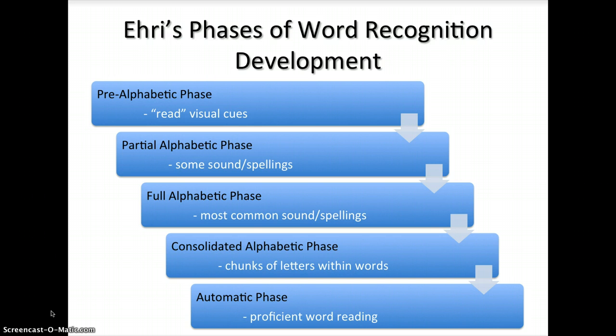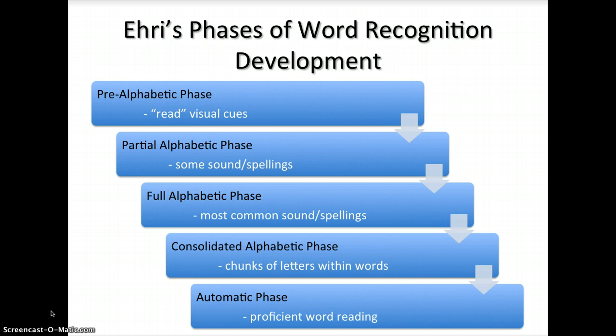Now, phase four, we're moving more into sight words and information by memory. So students will consolidate their knowledge of this letter sound correspondence, or the grapheme-phoneme blends. And when I say grapheme, I am referring to a letter, and phoneme, of course, the smallest unit of sound.